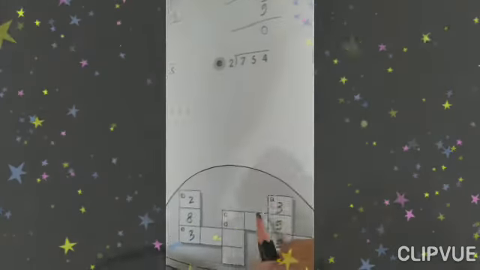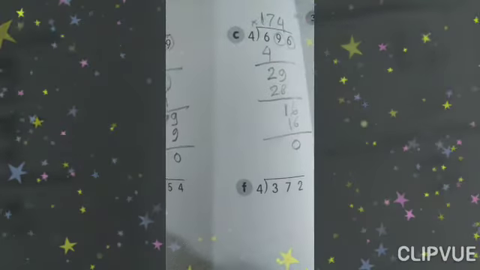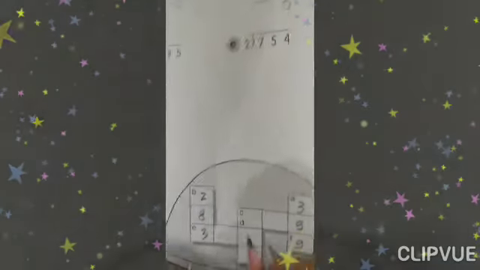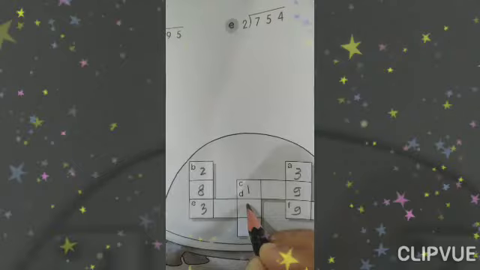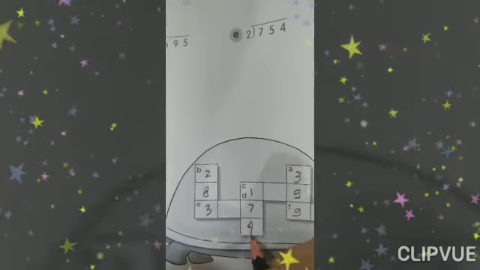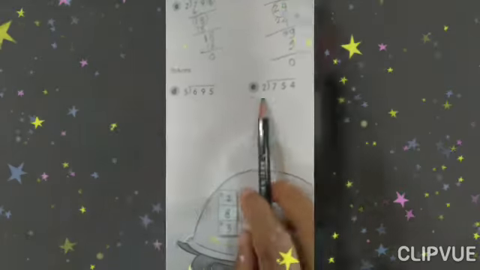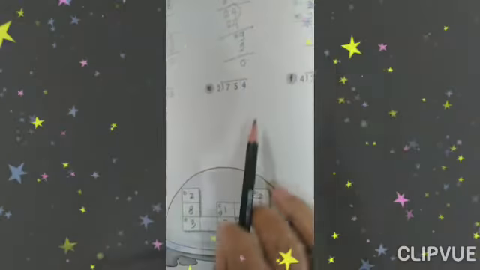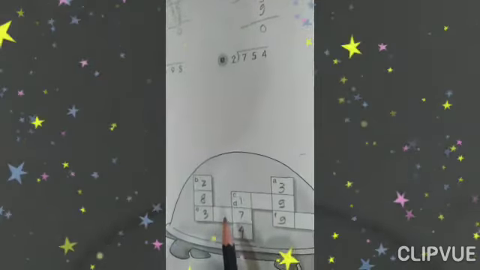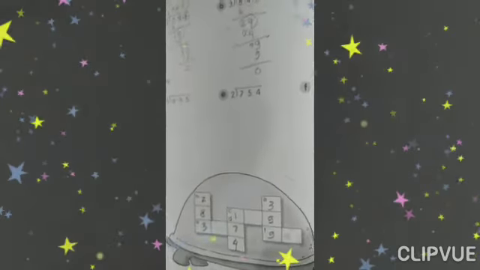How about C? C, 174. Okay, so you can do D, E, and F by yourself, and you can put them here after that.